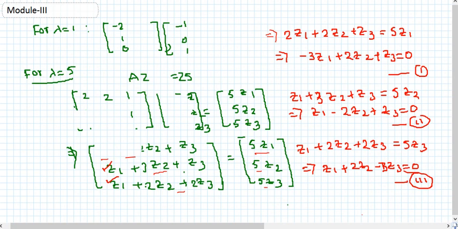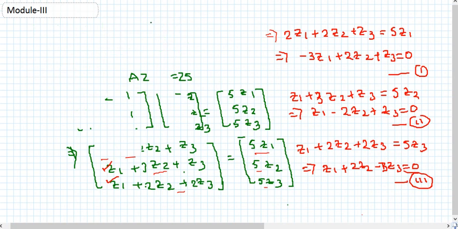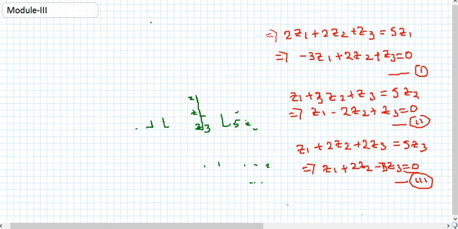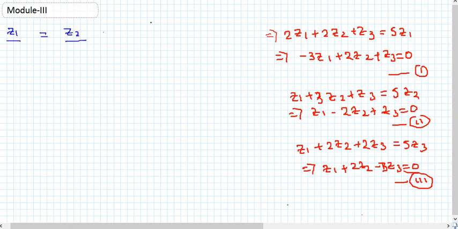So first let me erase this part, and from 1 and 2, let me write Z1, Z2, Z3. We are using equation 1 and equation 2.